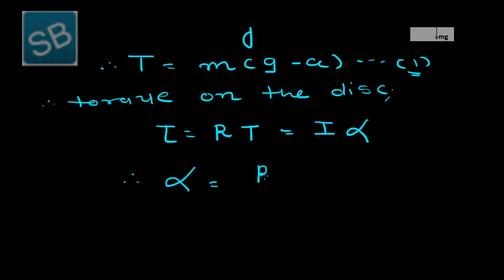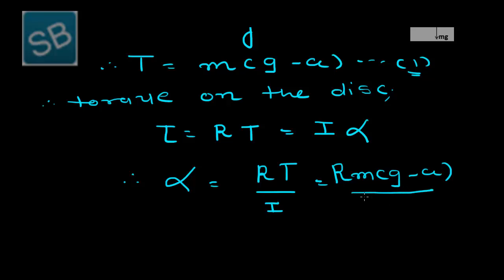So alpha is equal to RT divided by I, which is equal to R into m into g minus a, divided by the value of I for a disc, which is given by MR square divided by 2.